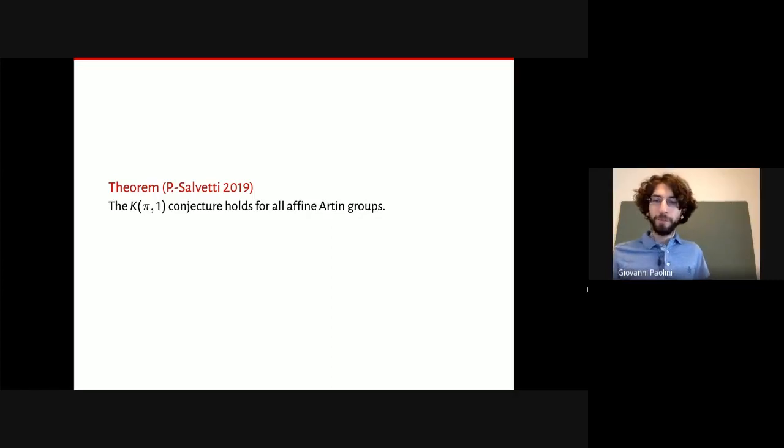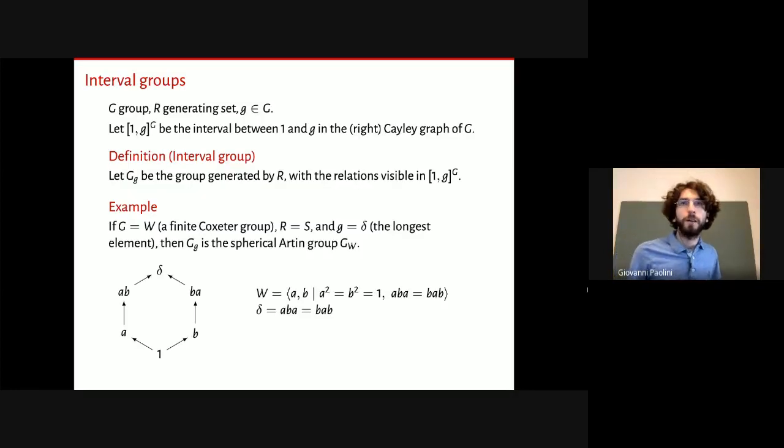And there are many ways to look at the proof by Deligne, and I'm going to tell you one of them today. And this approach passes through another way to construct spherical Artin groups, which is as interval groups.